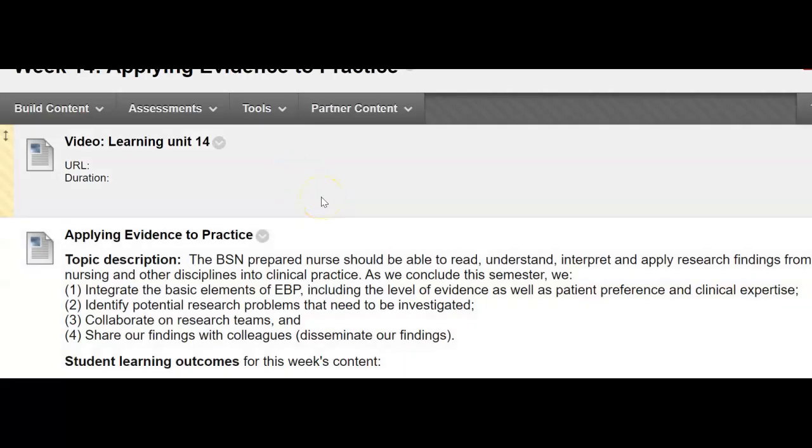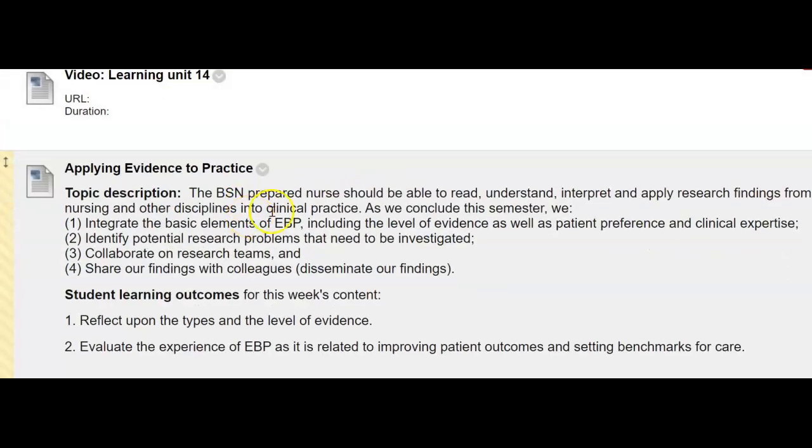So if you are running late or you're studying for another test or whatever it is, if you cannot complete everything here in Learning Unit number 14 by May 5th, take another day or two. But I do need to have everything done by May 11th. So you're welcome to do it early, but please make sure you have it all done by the 11th.